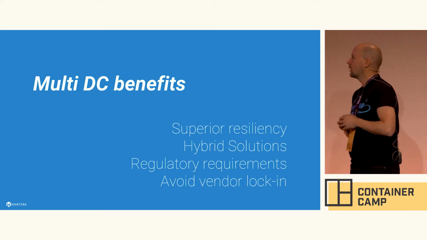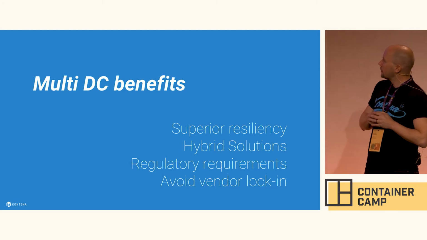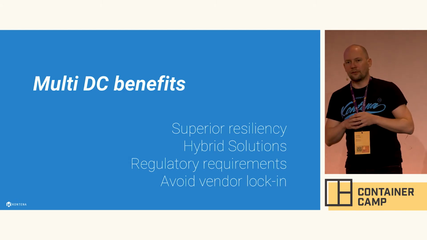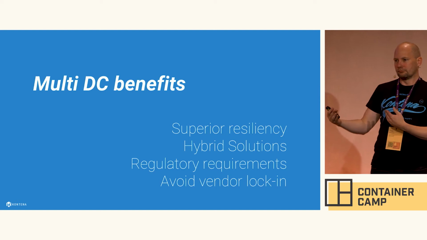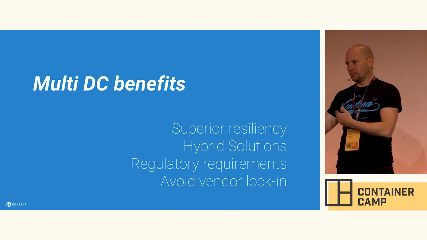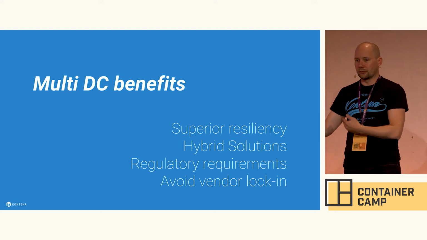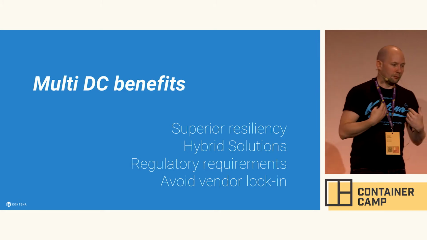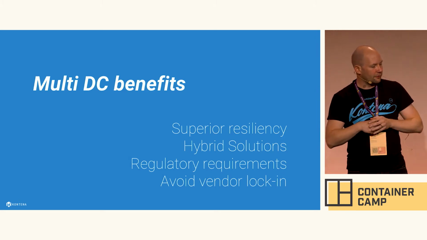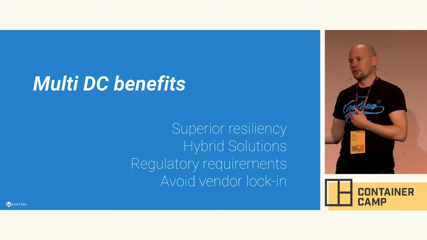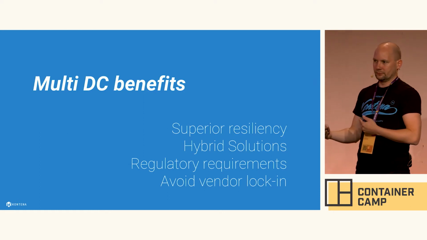In some environments, there are strict regulations that you have to run part of your system in a specific country, for example. I'm living in Finland, so we have some regulations for certain types of systems that the data cannot leave the country.